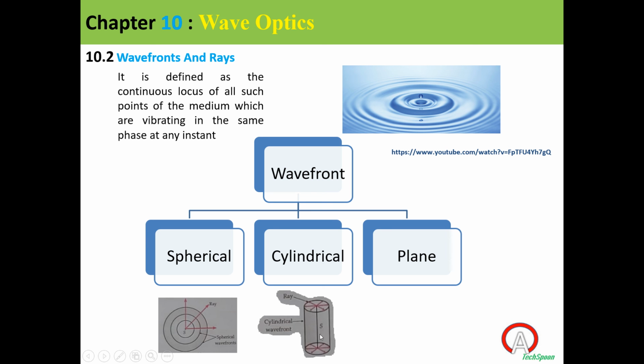If the source is rectangular in shape like this, then the wavefront is cylindrical. A plane wavefront is nothing but a part of a spherical or cylindrical wavefront when we look far away from the source.